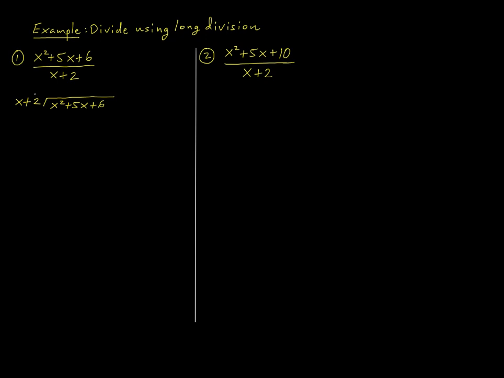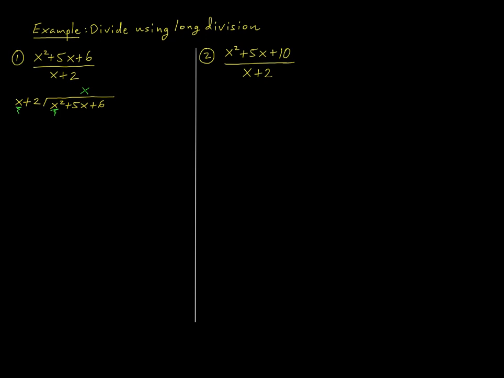We think, how many times does x go into x squared? Or put another way, what can I multiply x by to get x squared in return? That would just be x. And I'm going to put the x directly above the x term of my dividend.